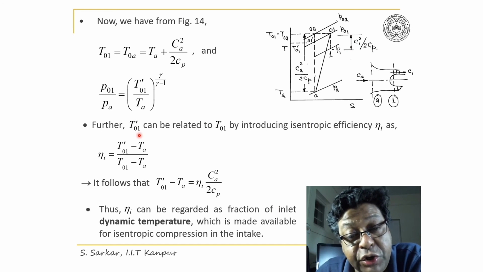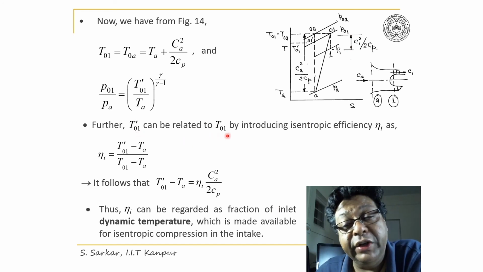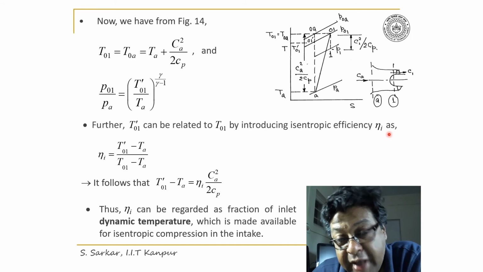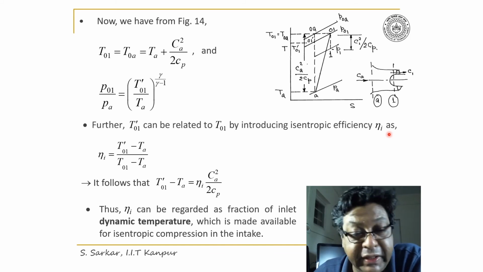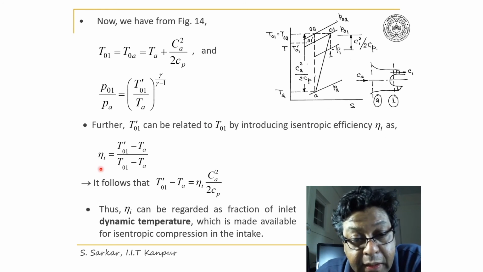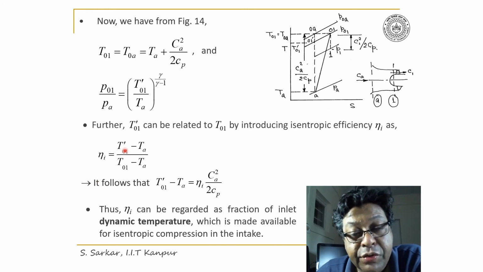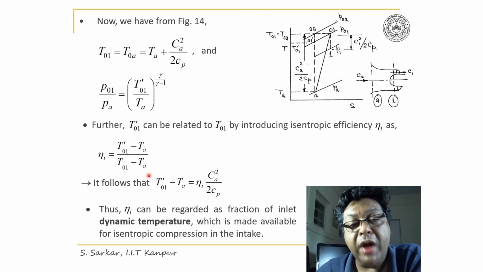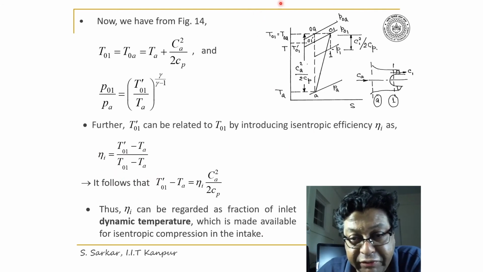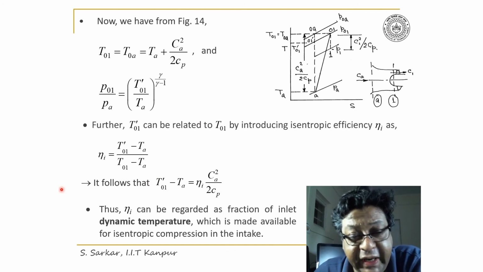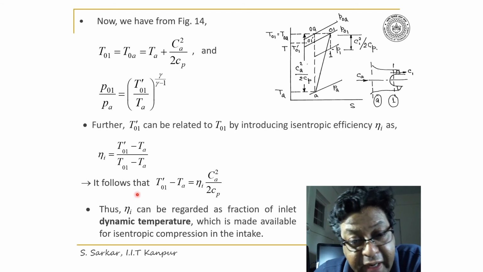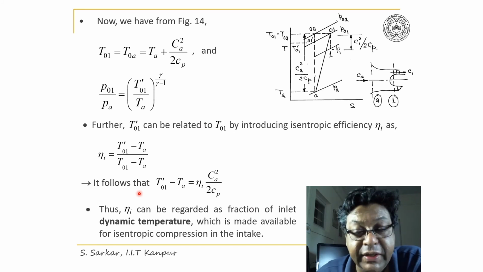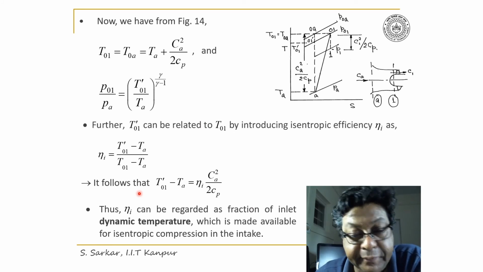Further, T01 dash can be related to T01 by introducing the isentropic efficiency eta I of the intake, such that eta I is equal to T01 dash minus TA divided by T01 minus TA, referring to this figure, which yields the following relation: T01 dash minus TA is equal to eta I into Ca squared divided by twice Cp.